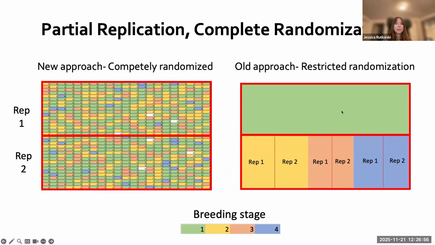So all lines in the first year of testing will be together, all lines in the second year together, everything in the third together, and so on. So it's not completely randomized, but that's something we've changed because we are focusing on improving the design and not having confounding between environment and genetics. So that's just a detail that we've implemented.